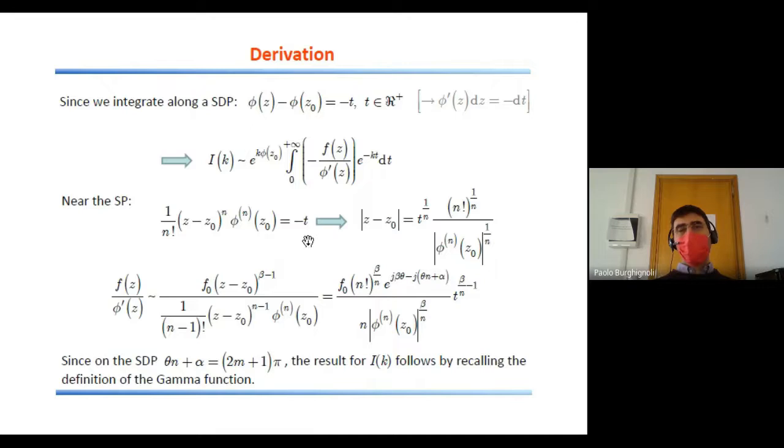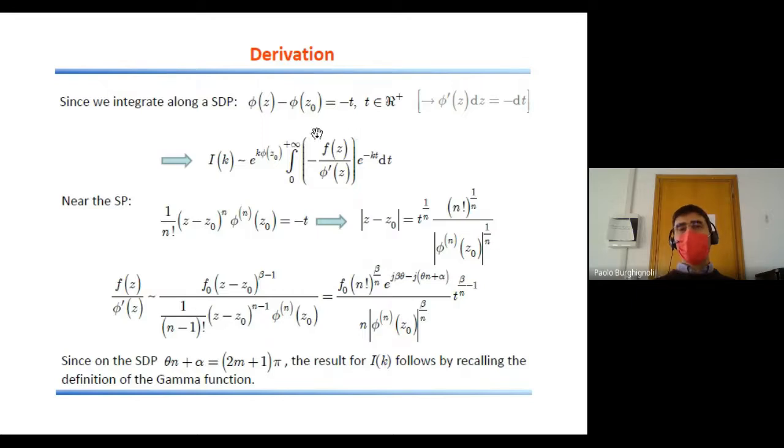So if we now apply the power 1 over n to both members of this equality, and we isolate the absolute value of z minus z0 at the left-hand side, what we get is that the absolute value of z minus z0 is equal to t to the 1 over n times n factorial to 1 over n divided by the absolute value of the nth derivative of phi at the saddle point, elevated to 1 over n again. Okay.